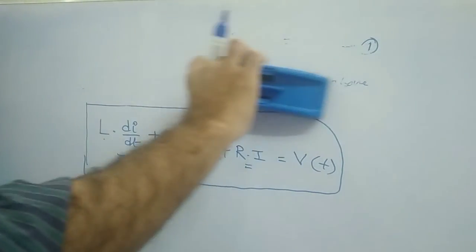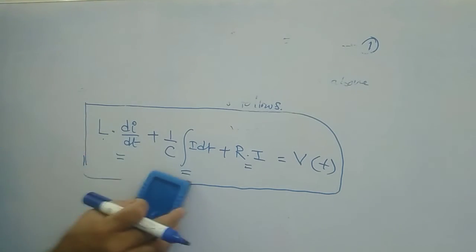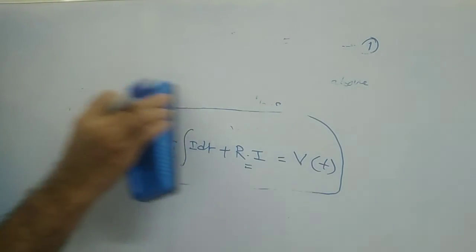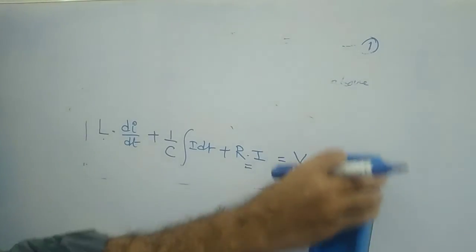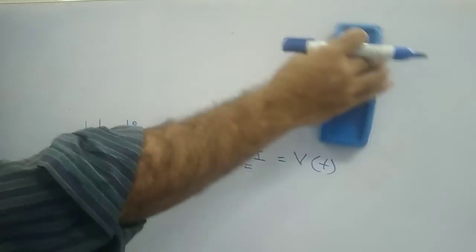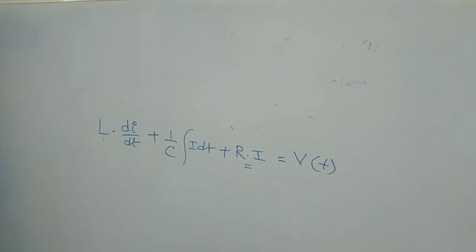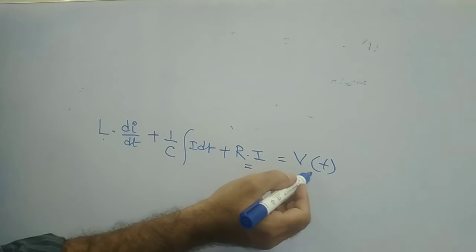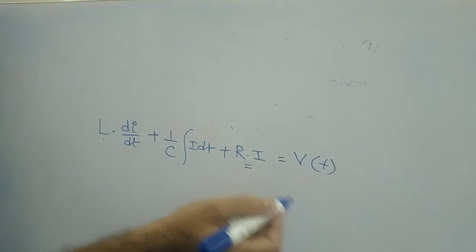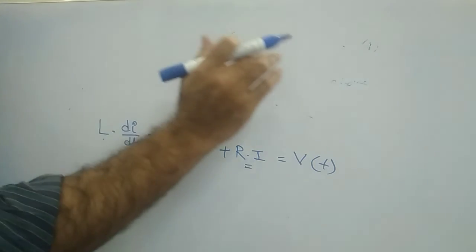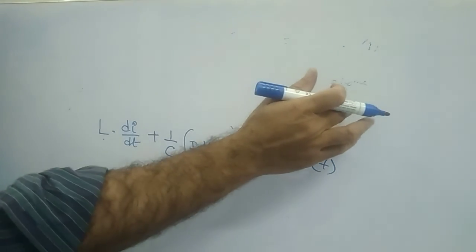Say, for example, in this particular expression, your input V of t is what? Voltage, no? It means the force is the input in mechanical, and correspondingly this is the input for the electrical circuit.